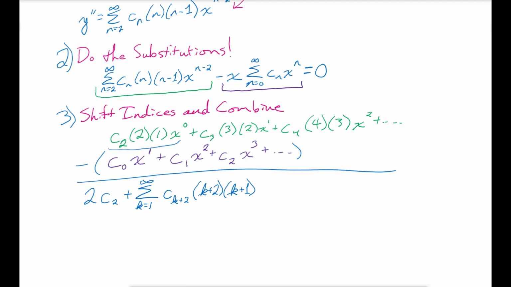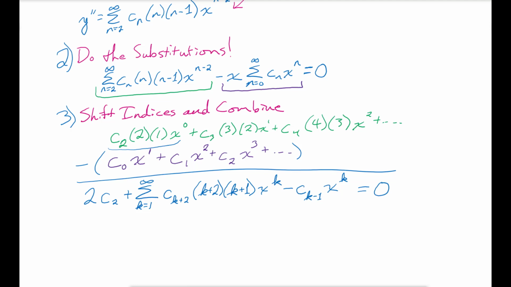And then we have x to the k. Then we're subtracting from that c sub 0, so that's c sub k minus 1 times x to the first, or x to the k. And then this is going to equal 0 because this is a new way of writing my differential equation.